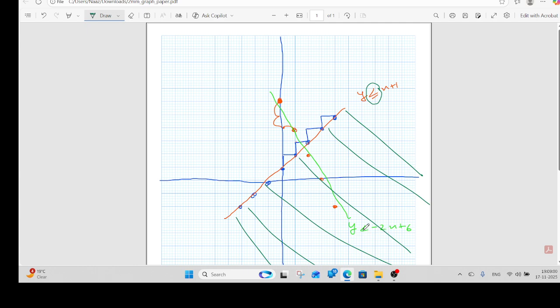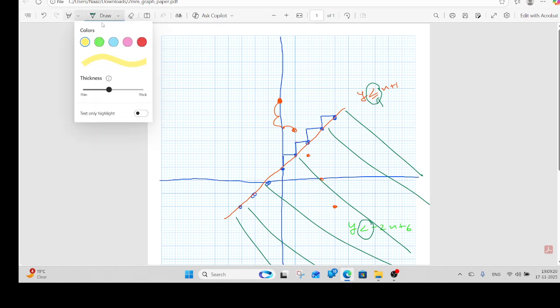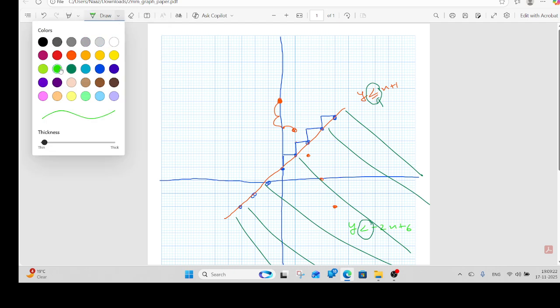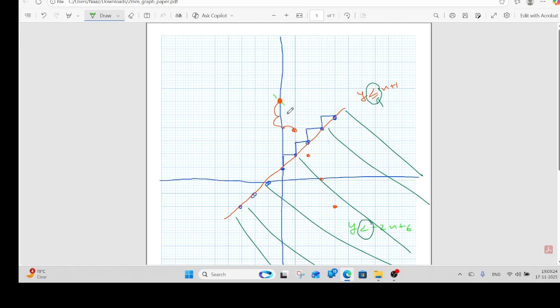Now for the second one, it says y is less than, again there is less than. But if you notice one thing, there is no equal sign. So I need to make it a dash line. So how I am going to do it is, let me choose that color. Dash line is like this.